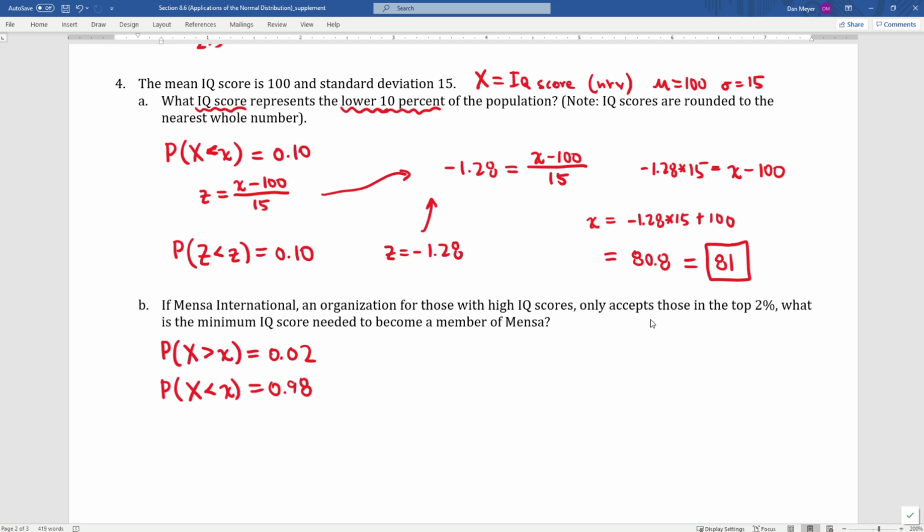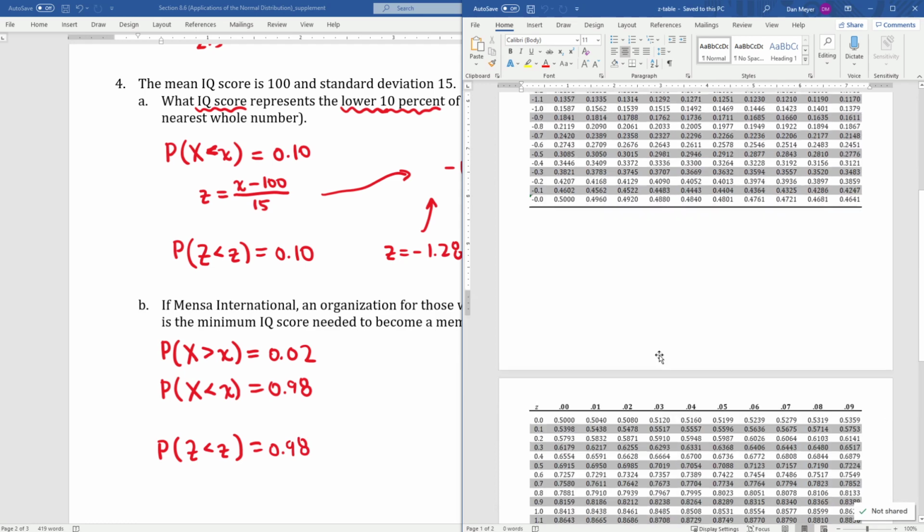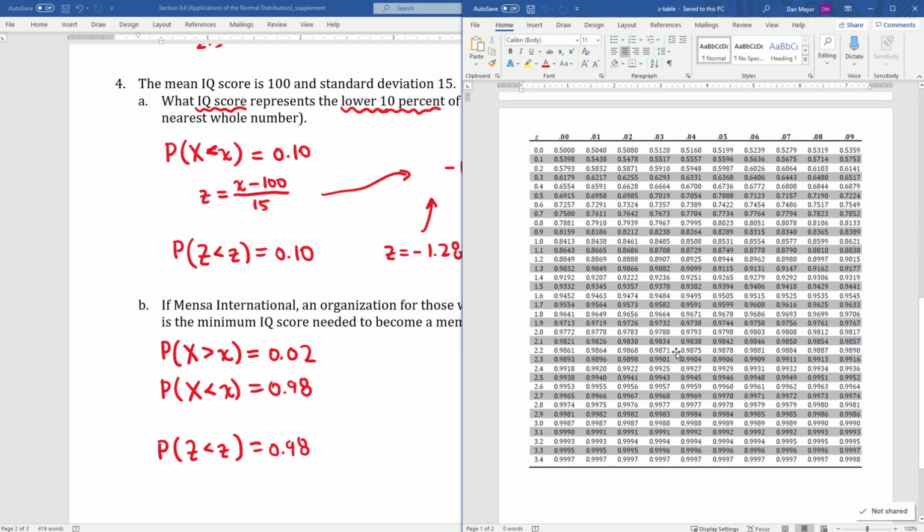All right, there's a corresponding z-score, where the probability that our standard normal random variable takes on a value less than z is also 0.98. We want to find that z-score in the z-table, and so we will look for a probability. Since it's bigger than a half, we want to go over to the positive side. Find the number closest to 0.98.